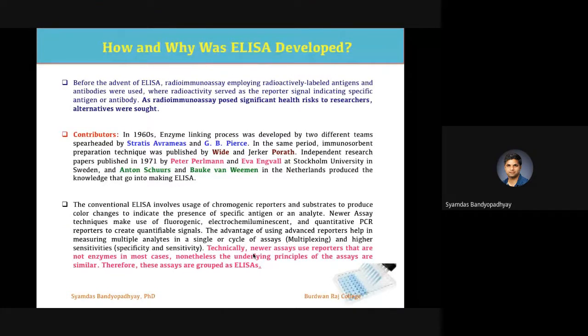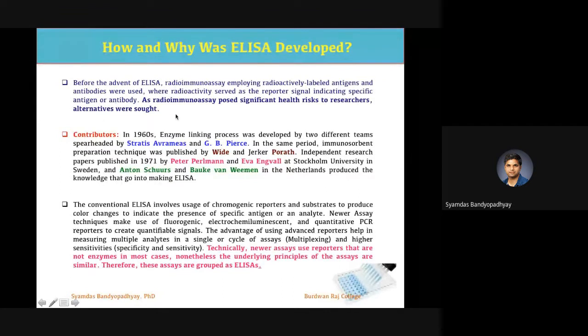Now, how and why was ELISA developed, right? Before the advent of ELISA, the radioimmunoassay employing radioactively labeled antigens and antibodies was used, where the radioactivity served as the signal indicating specific antigen or antibody. But as you know, the radioimmunoassay posed significant health risks to the researchers.